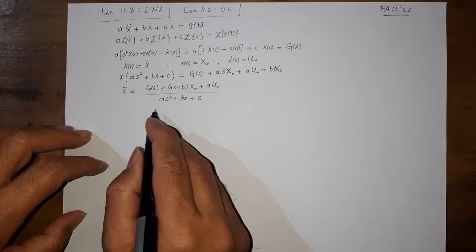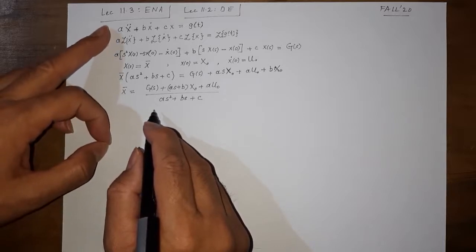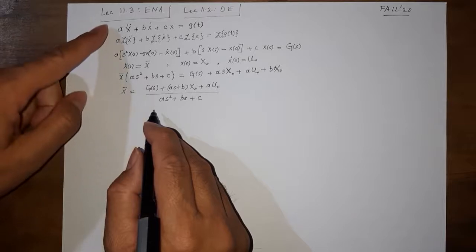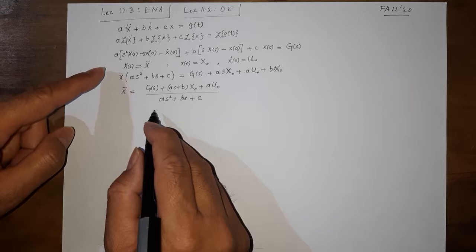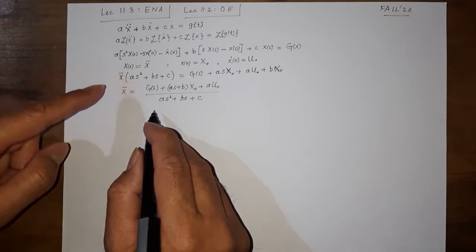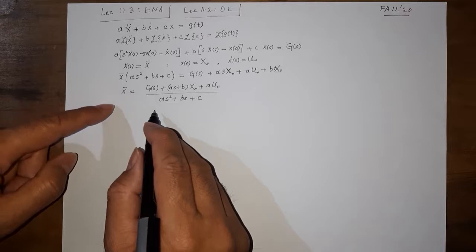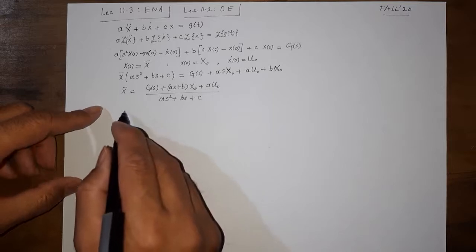So we have reached till this point. So we are able to convert a time domain equation to an algebraic equation, and now we are trying to solve that equation remaining in the S domain or S space.